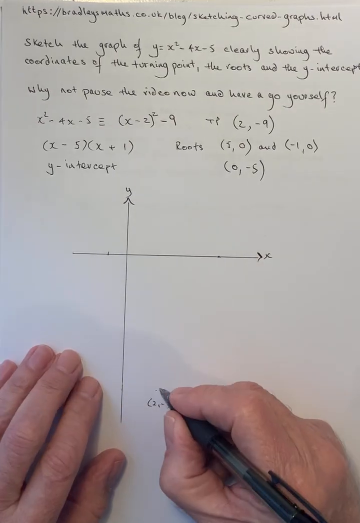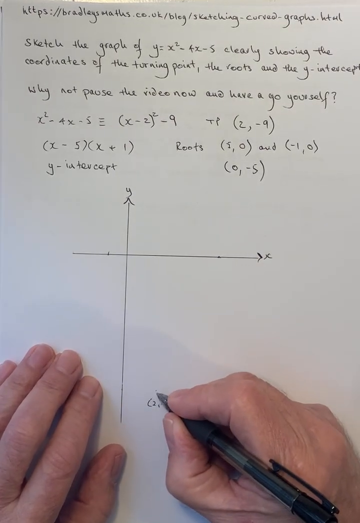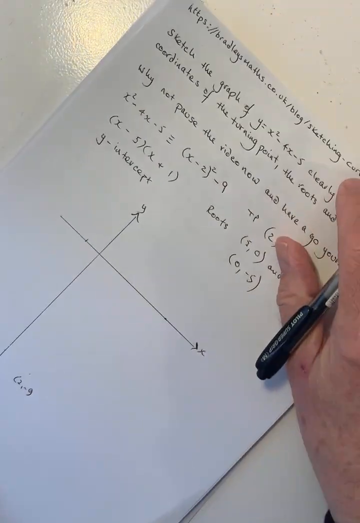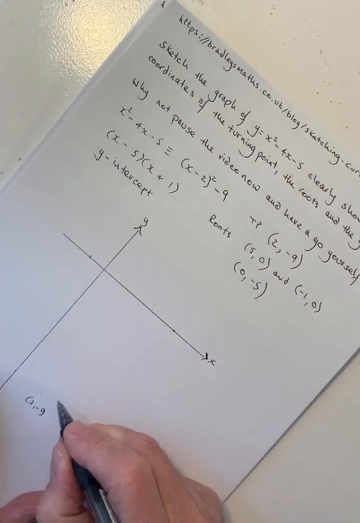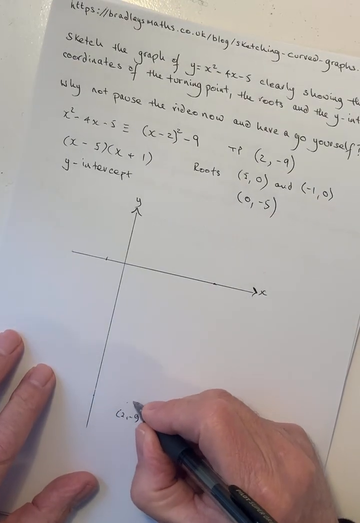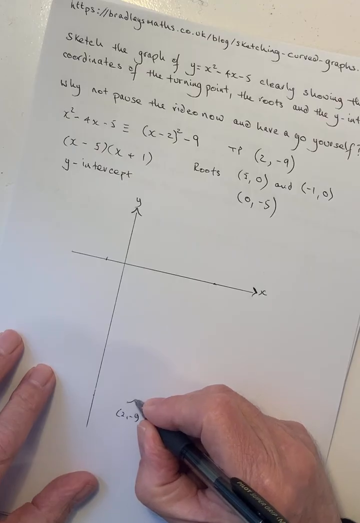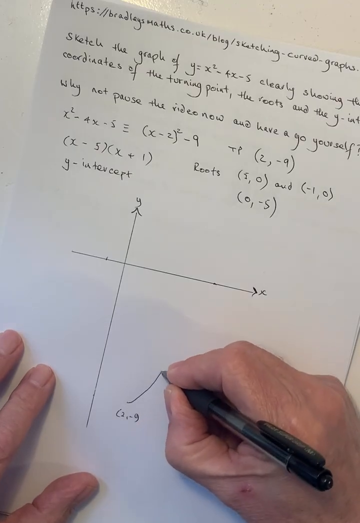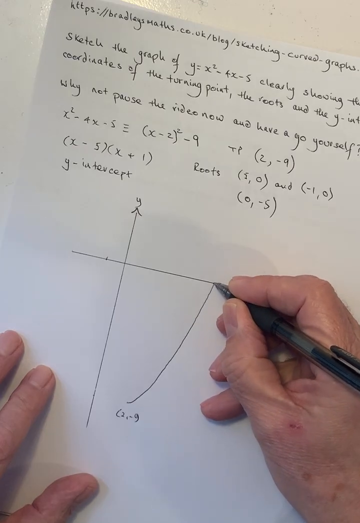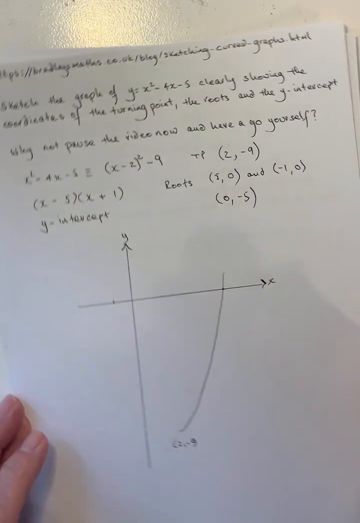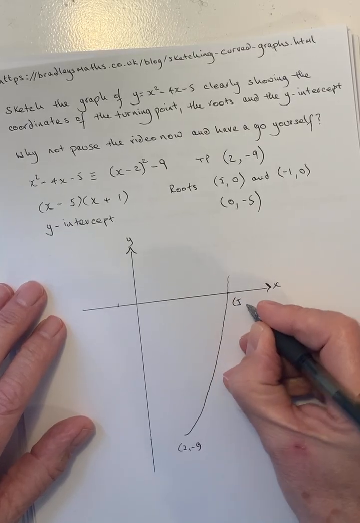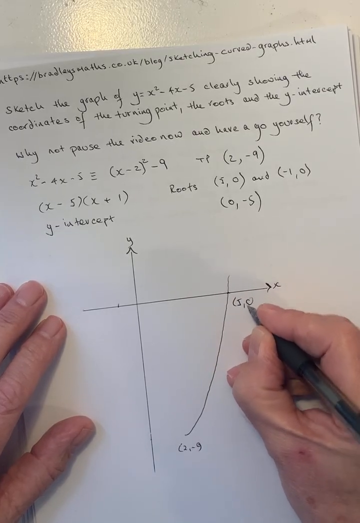And this is where it gets difficult, so just bear with me. Let me just turn my paper a bit. It's always easier if you can turn your paper a bit and get it just right. So it looks something like this. And that point there is 5 comma 0.